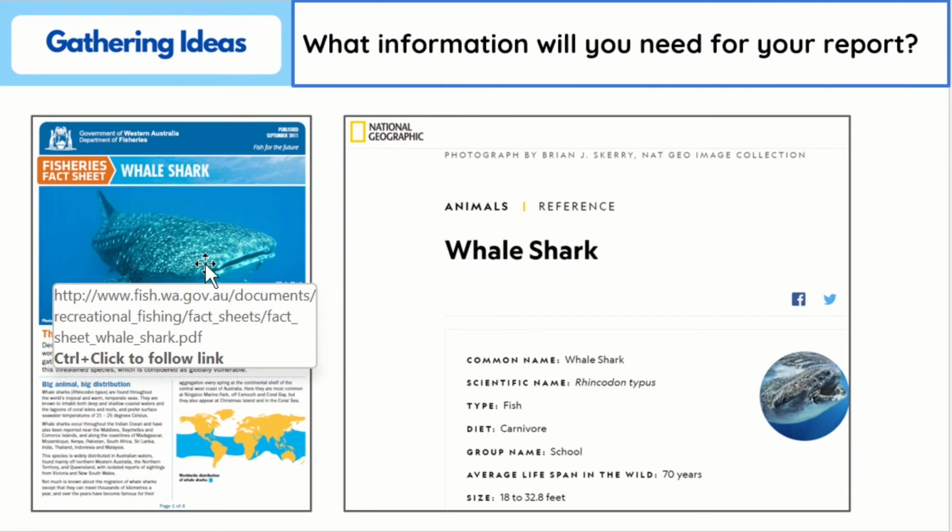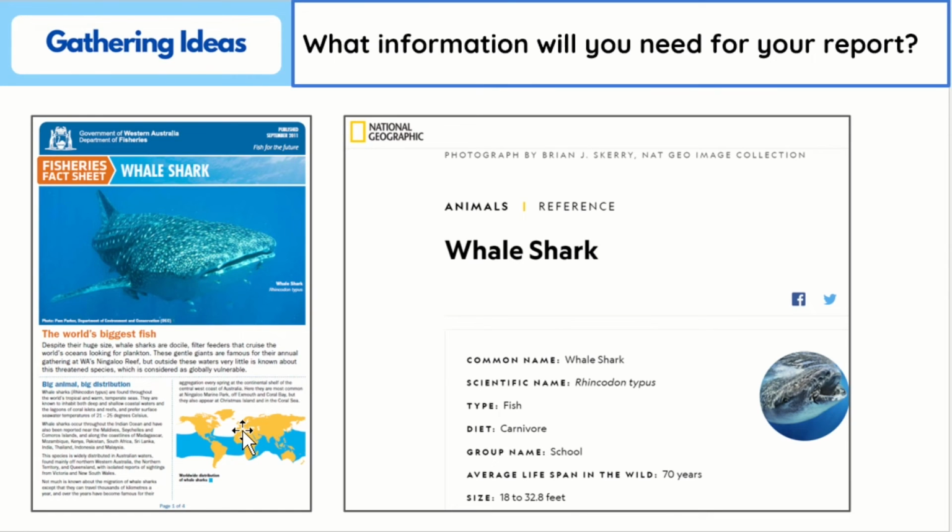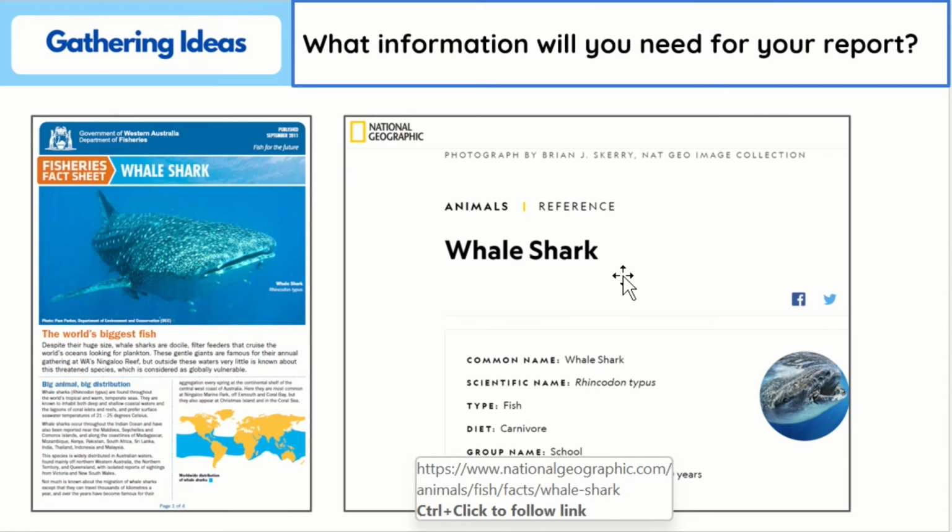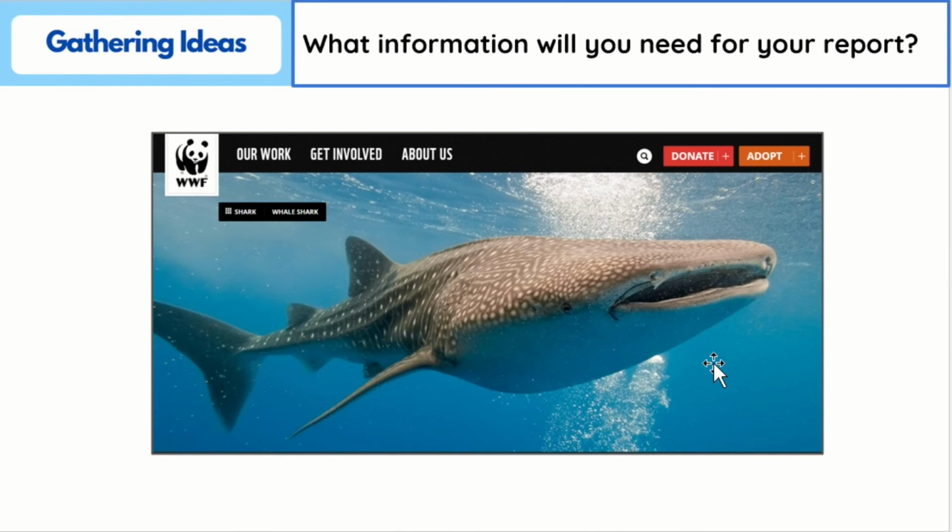So I'm going to have a look at the fisheries fact sheet from the Government of Western Australia, because it looks like it had a lot of great information in there. I will also have a look at National Geographic as a source of information. And then the third website that I'll have a look at is worldwildlife.org.